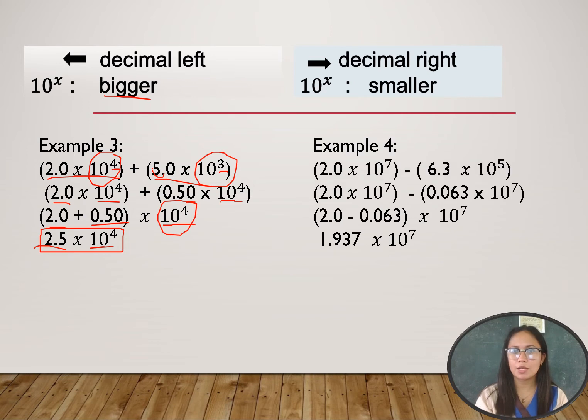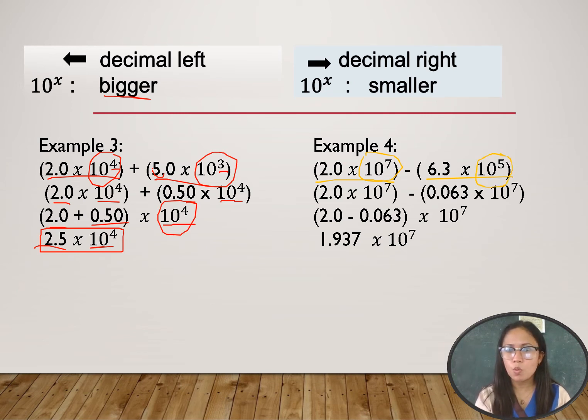Let's have another example. For example number 4, we have 2.0 times 10 to the power of 7 minus 6.3 times 10 to the power of 5. So we have here the first scientific notation, and our second factor is 10 to the power of 7. For the second scientific notation, our second factor is 10 to the power of 5.